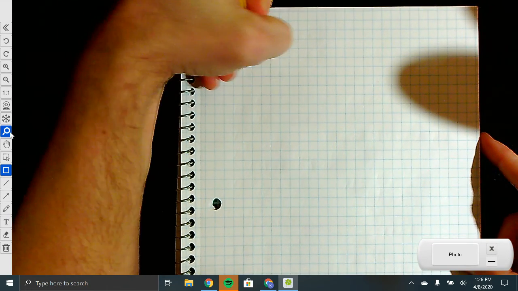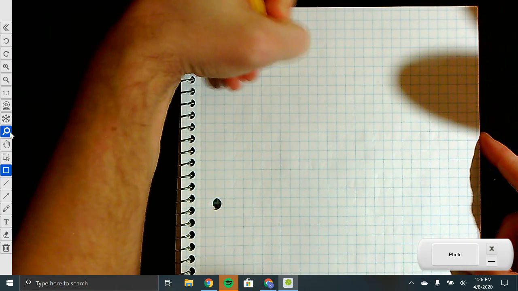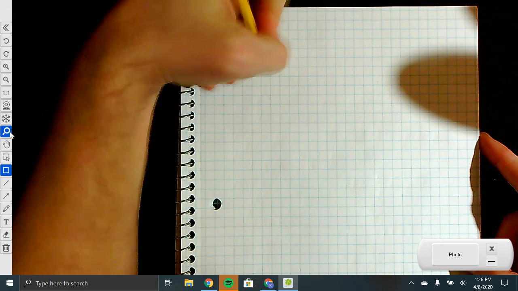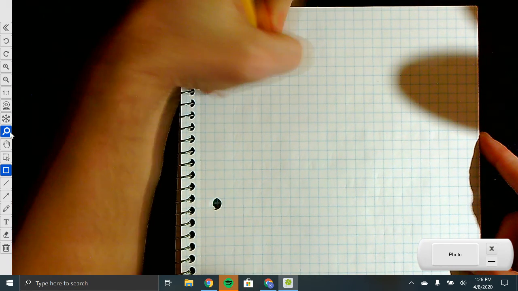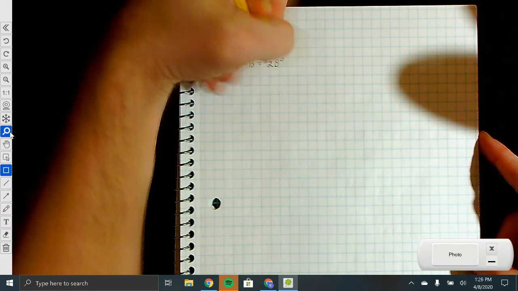All right, so for drawing triangle A, what they gave us for information was that angle A was 90 degrees. So I know angle A was 90 degrees, and I know angle B had to be 28 degrees.